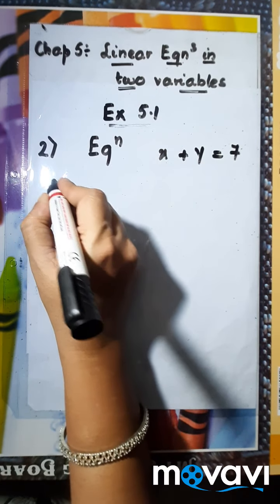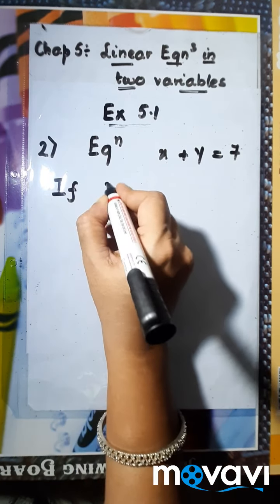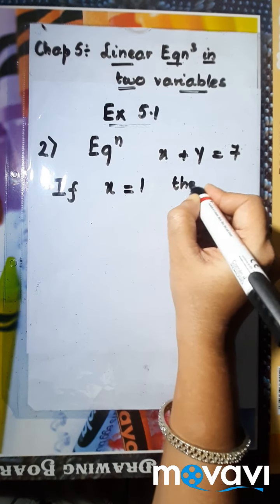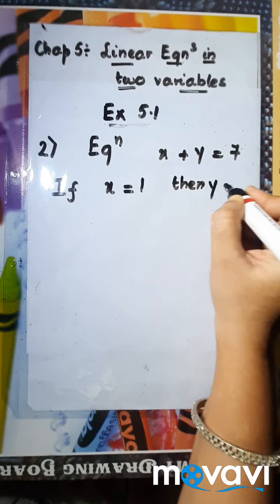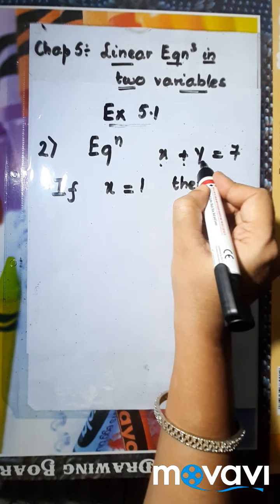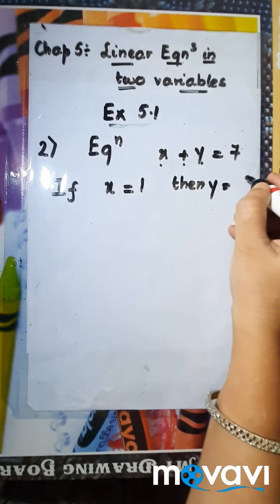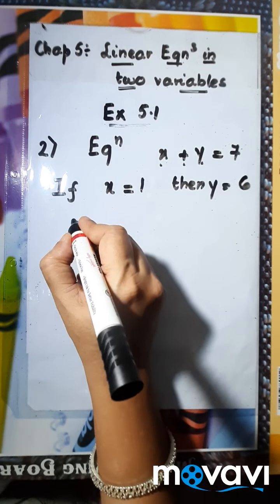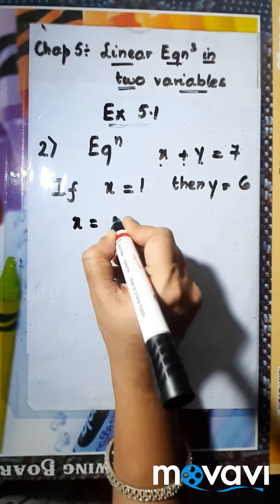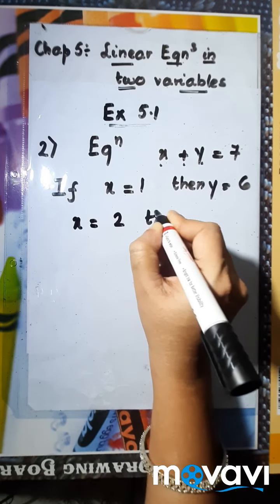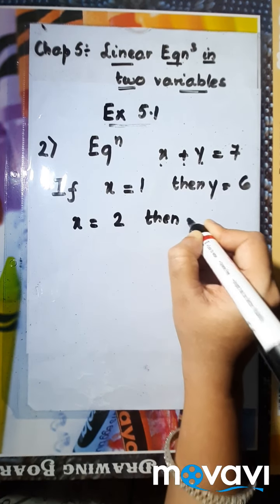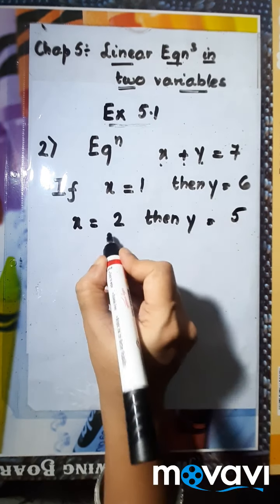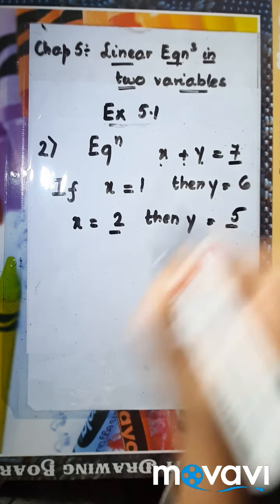If x is equal to 1, then 1 plus y is 7, so y will be equal to 6. Now if x is equal to 2, then tell me what is y? y will be equal to 7 minus 2. How much is that? 5, because 2 plus 5 should give me 7.